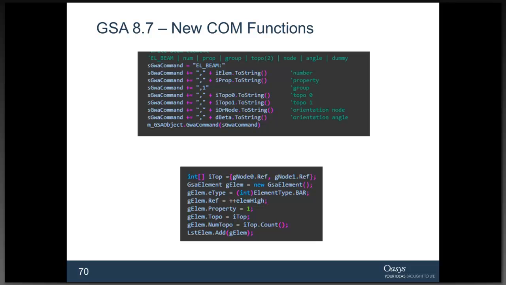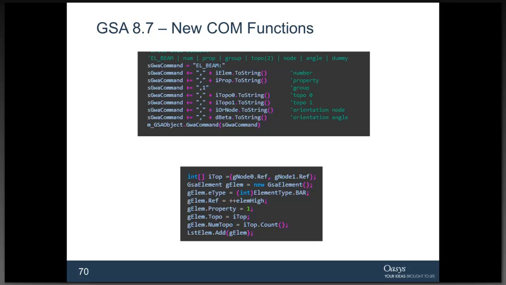Instead, what you might do now is create a topology array, then declare an object of the type GSA element, point it to the right element type, which is the bar, add the element reference and the topology array, and then insert it into a list of elements, which you would then pass into GSA. We call a GSA function to pass it into the GSA data structure.